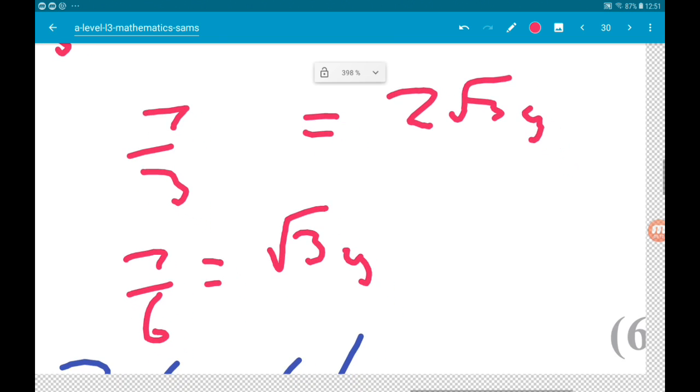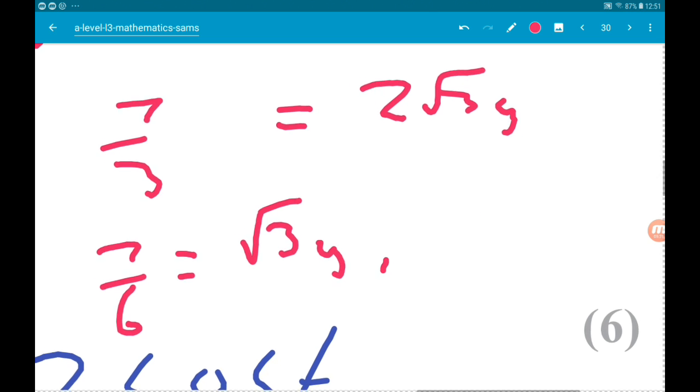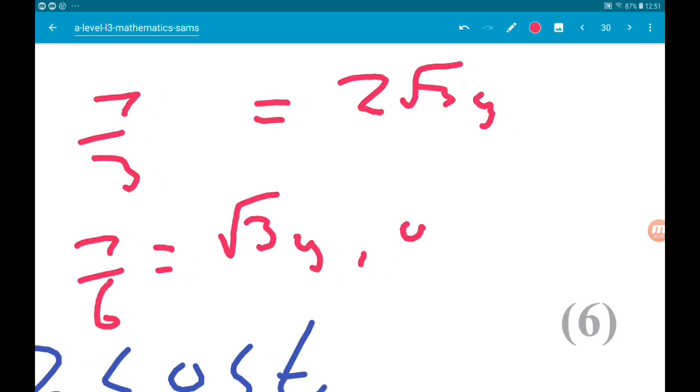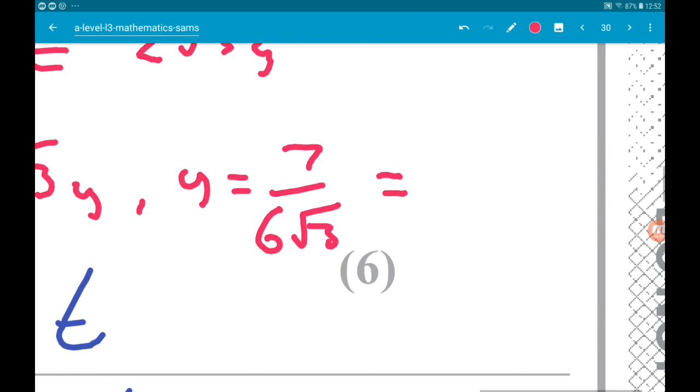And then if we divide by root 3, we get y is 7/6 root 3, which is 7 root 3 over 18.